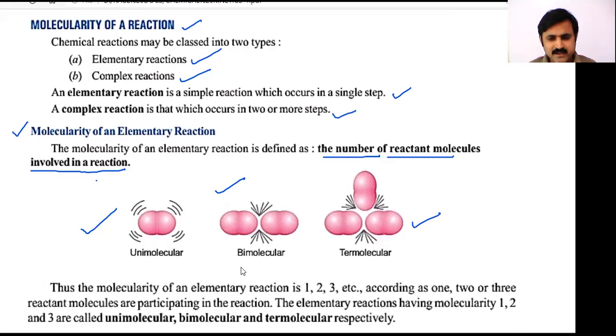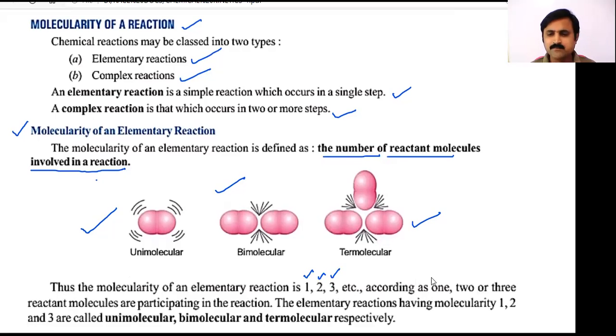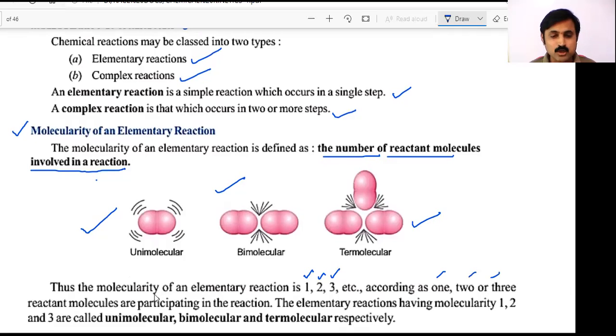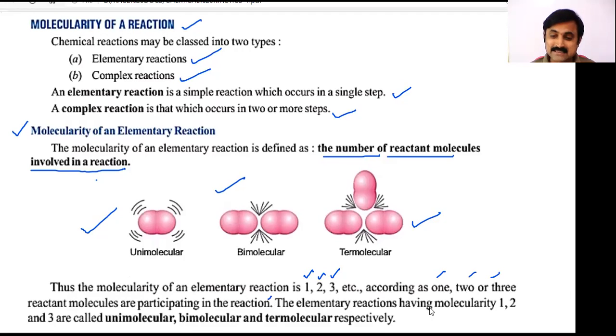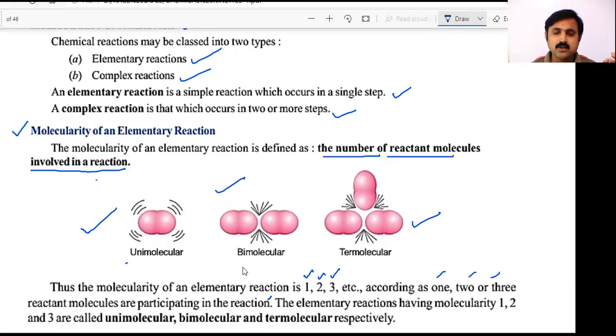Thus the molecularity of an elementary reaction can be 1, 2, 3, etc., according to 1 or 2 or 3 reacting molecules participating in the reaction. So elementary reactions having molecularity 1, 2, 3 are also known as unimolecular, bimolecular, termolecular respectively.